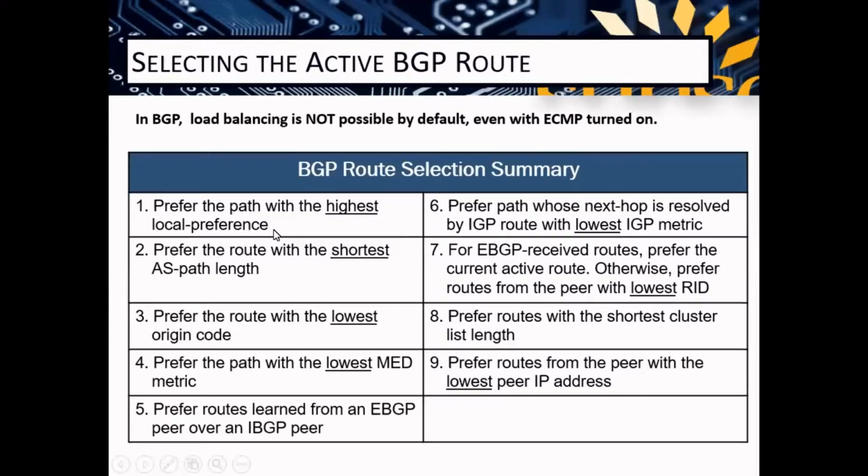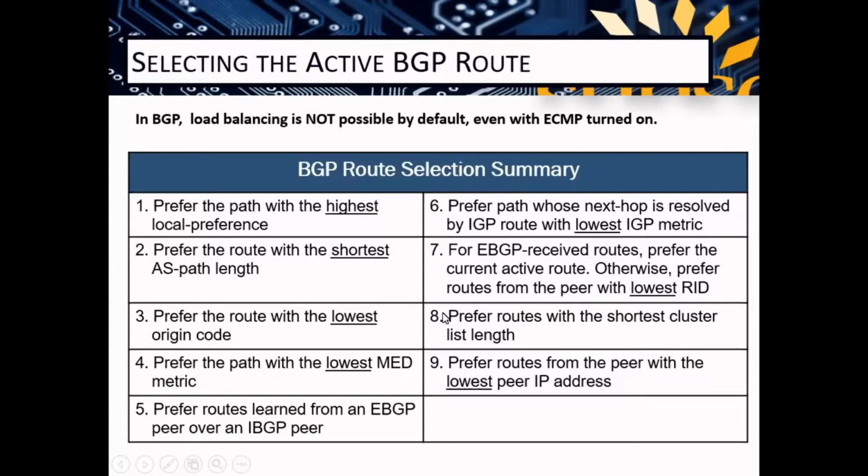So the way that BGP makes this selection is by comparing the different attributes. It's going to go through local preference, AS path, origin, and so on. And at the end, it's going to choose one and only one, even if it has to go all the way down to checking the IP address of the neighbor that it's receiving the route from.